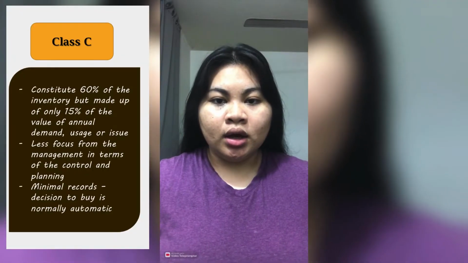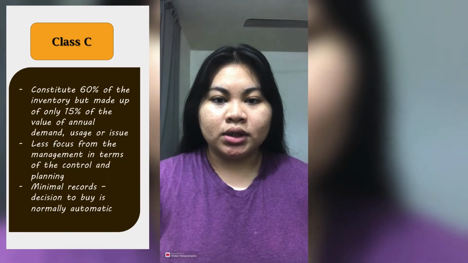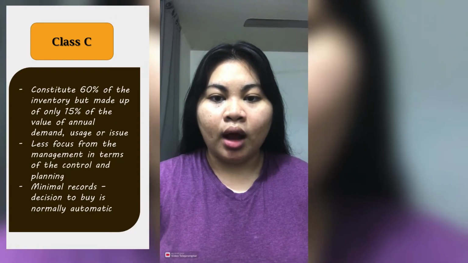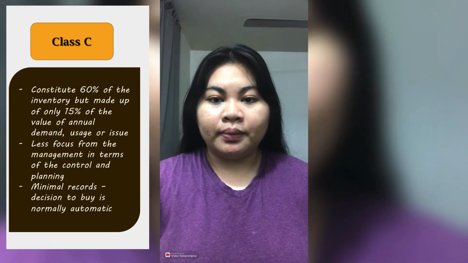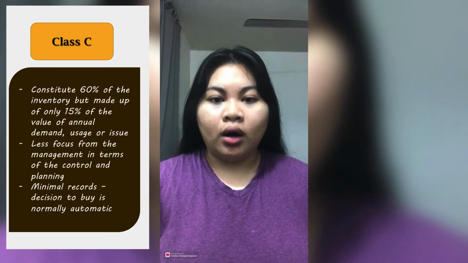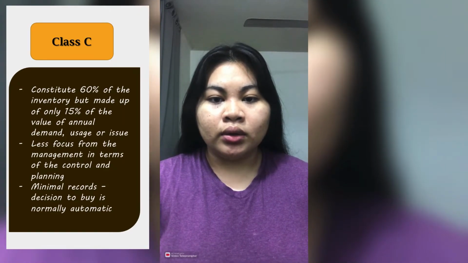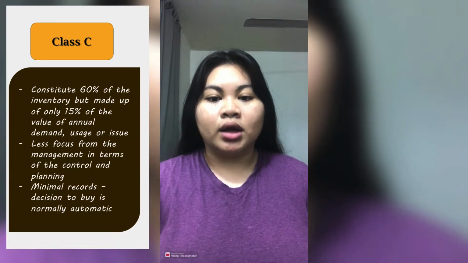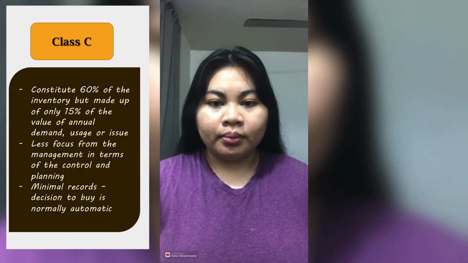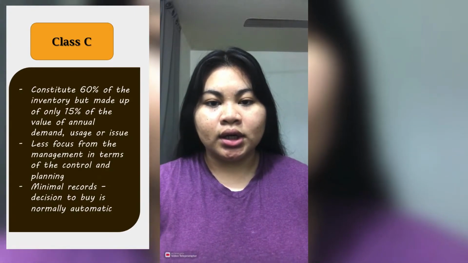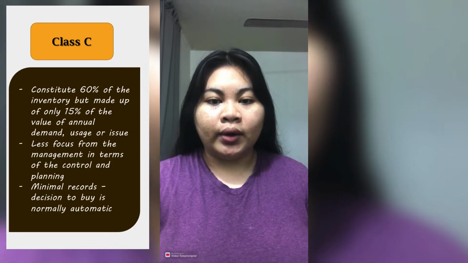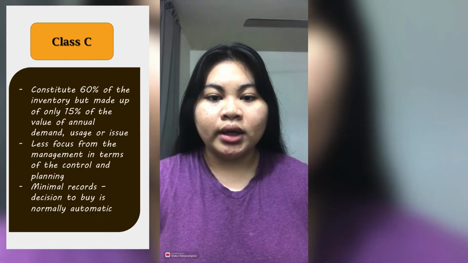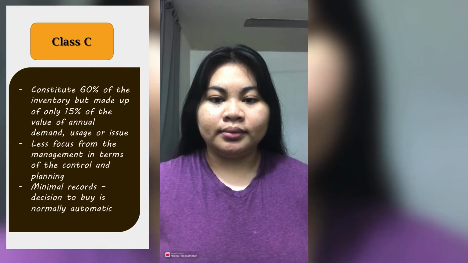Class C constitutes 60% of inventory but makes up only 5% of the value of annual demand, use, or issue. Second, less focus from the management in terms of control and planning. Third, minimal requisition; buying is normally automatic.